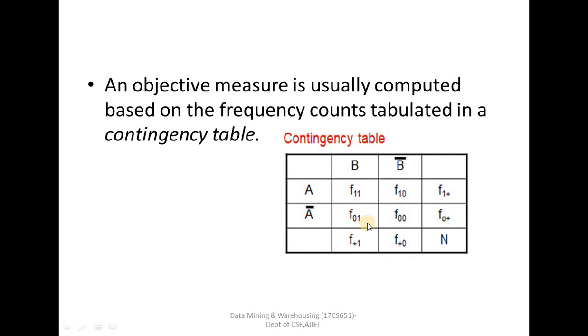F01 indicates the number of transactions that contain B but do not contain A. Similarly, F10 indicates the number of transactions that contain A but do not contain B. Finally, F00 indicates the number of transactions that contain neither A nor B. Here F1+ indicates the row sum, that is, it represents the support count for A. F+1 is the column sum, which indicates the support count for B.